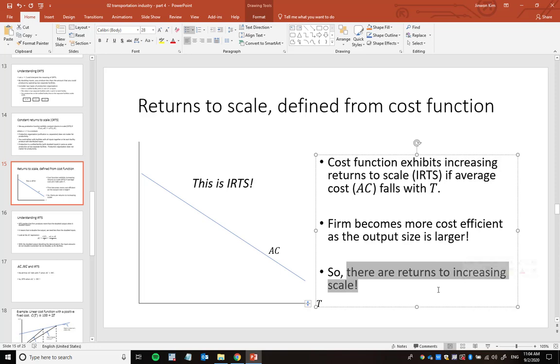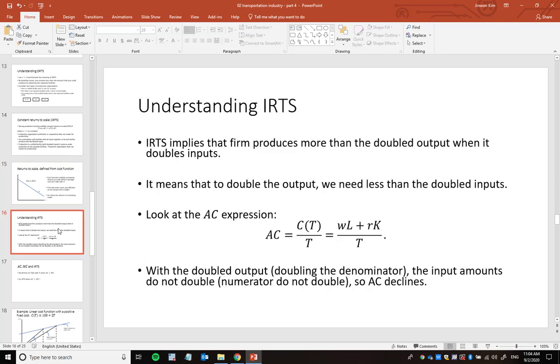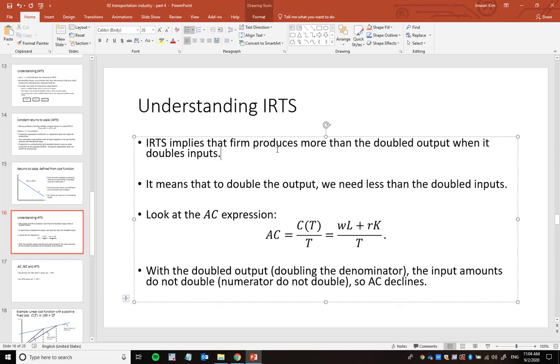There are returns to scale in terms of its cost efficiency by increasing its scale. Then we say that this is increasing returns to scale. Why is it increasing returns to scale? IRTS, increasing returns to scale, means that the firm produces more than double the output when it doubles its inputs.